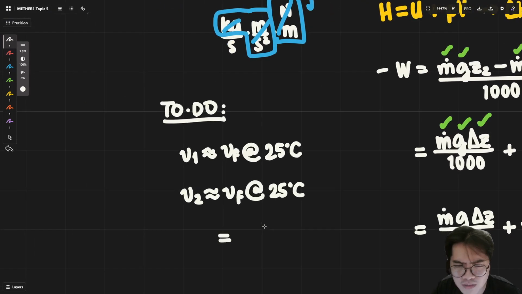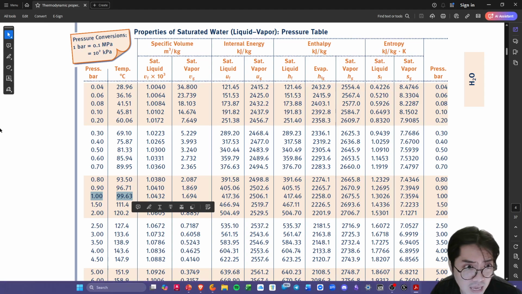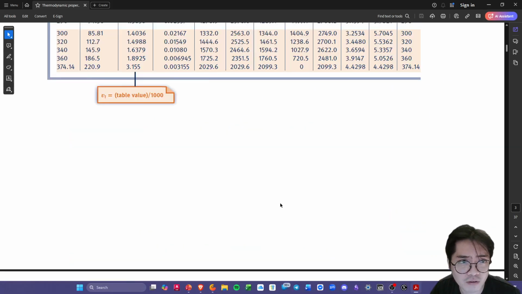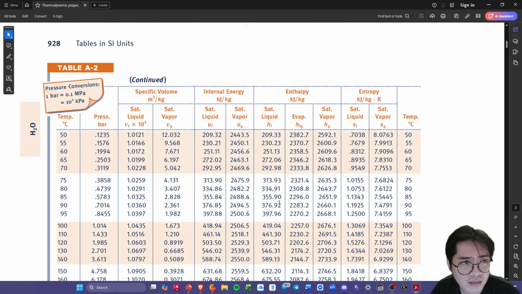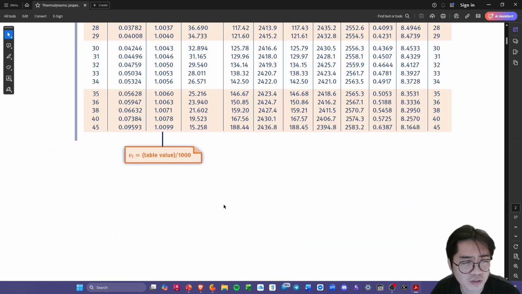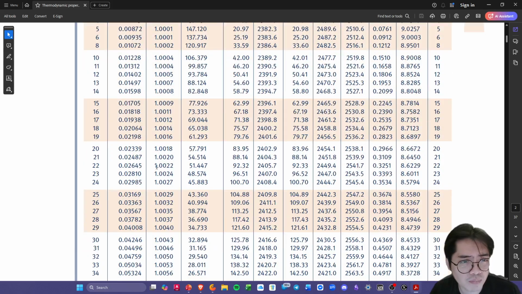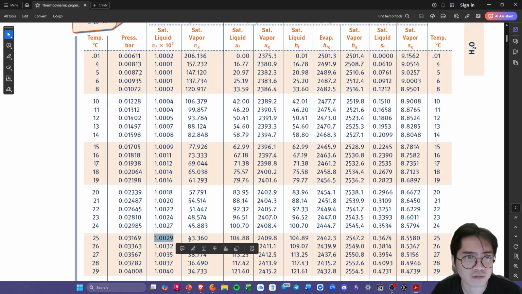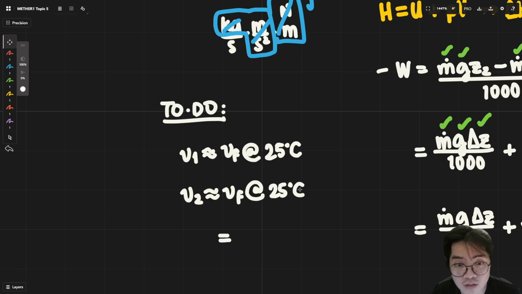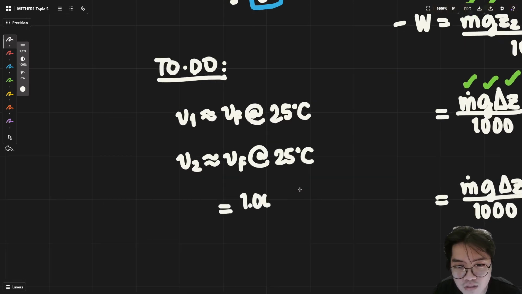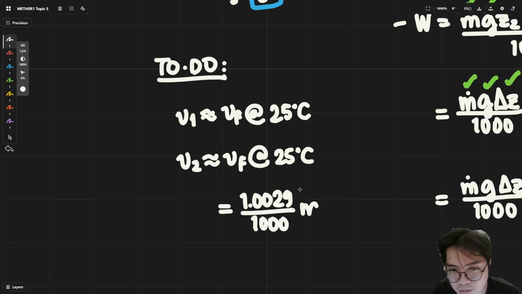So both of these things are going to be the same, and both of them are going to be your VF at 25 degrees Celsius. Your 25 degrees Celsius apparently in here is this thing, 1.0029, right? And because it's VF, you need to divide it by 1000 meter cube per kilogram.